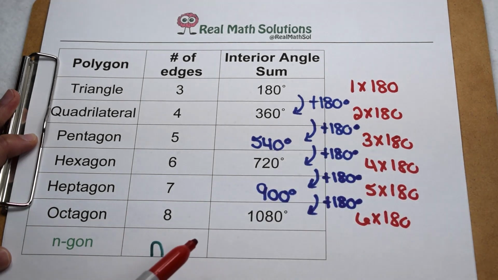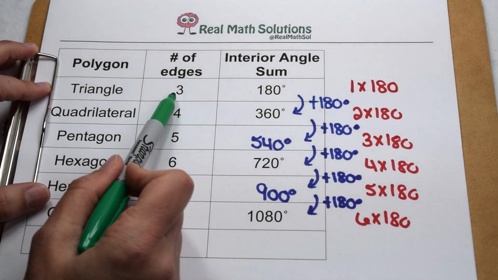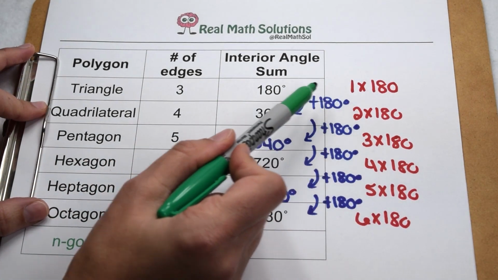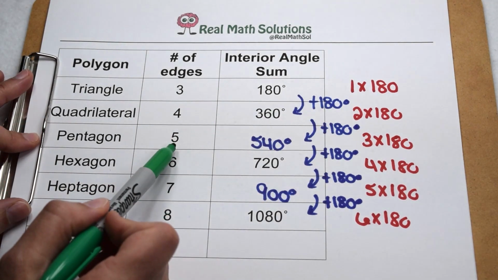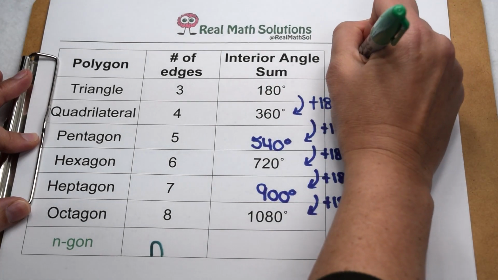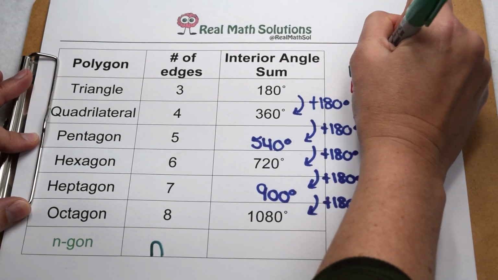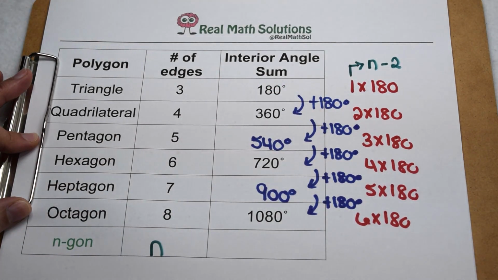So to find the formula for any sided polygon, we know it's going to be something times 180. But we look, triangles have 3 edges, and we're multiplying by 1. Quadrilaterals have 4 edges, we're multiplying by 2. Pentagons have 5, and we're multiplying by 3. So that means every time we took our number of edges and subtracted 2 before we multiplied by 180.